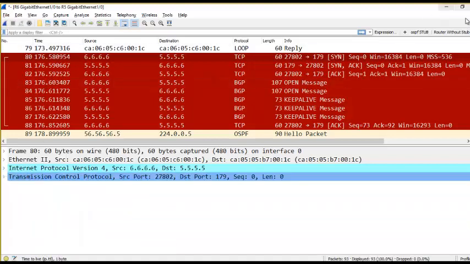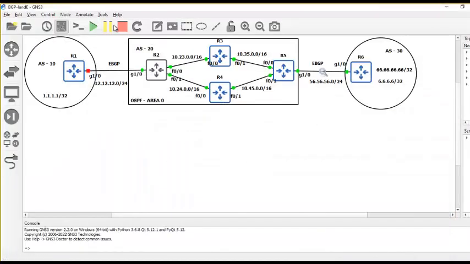Is it clear? Now, we have the IBGP routers ready. Let's get the console quickly.